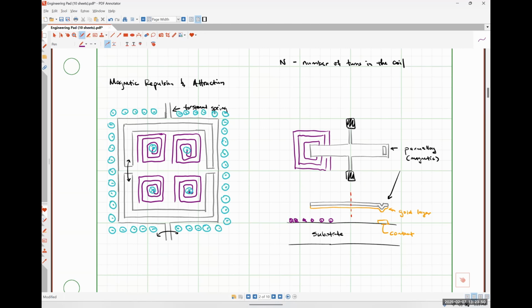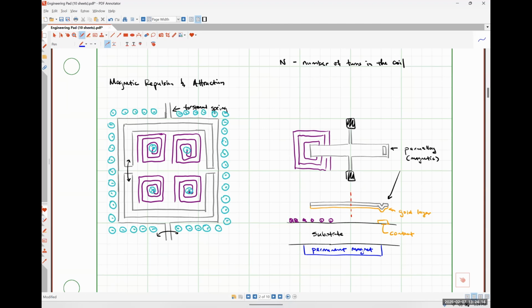If we put a permanent magnet underneath this substrate, our switch would have memory, meaning that it could latch into a closed position or an open position easily.